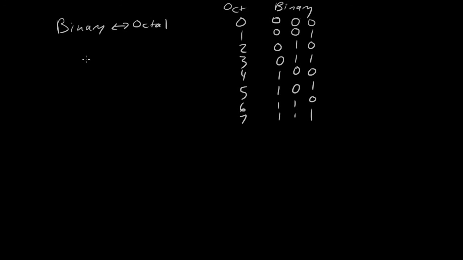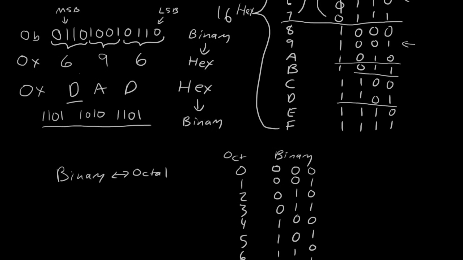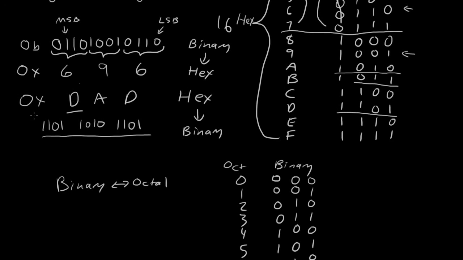Now if I have a number, suppose I have the same number that I had before. Let's copy that around. I'll select this number, copy it, and paste it down.